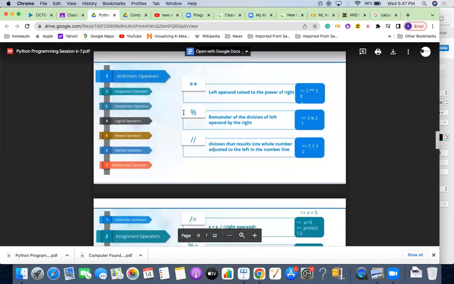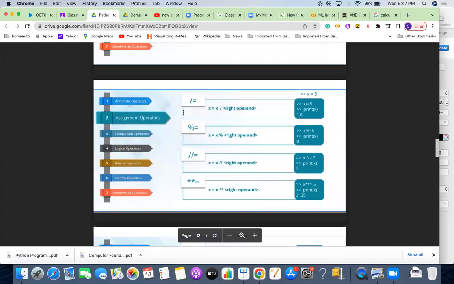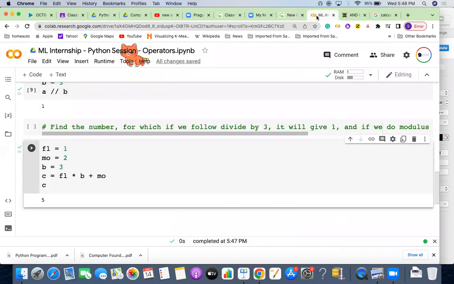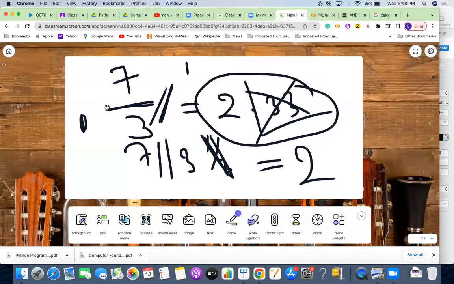Okay, if there are no questions, we'll go to the assignment operators. What are the assignment operators? The normal assignment we already know, which is equal to.